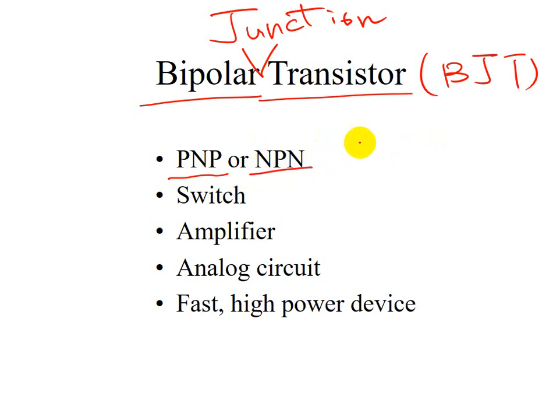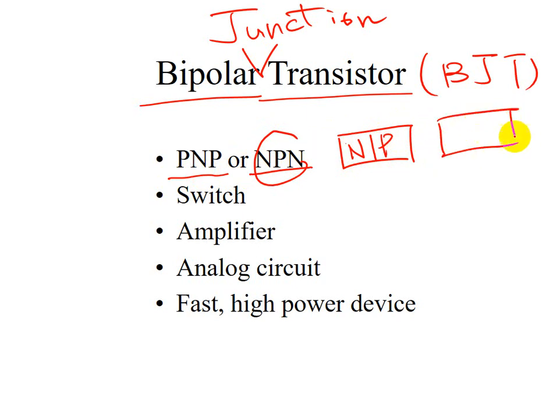That means you can have, for example, for NPN materials, two PN junctions with the P connected together to form a new type of transistor called NPN.